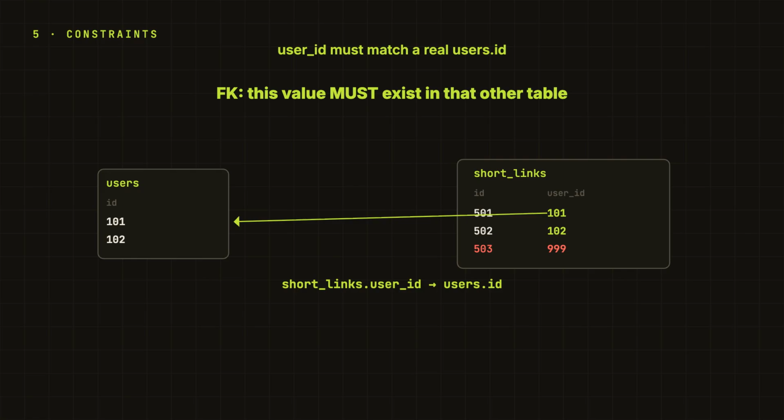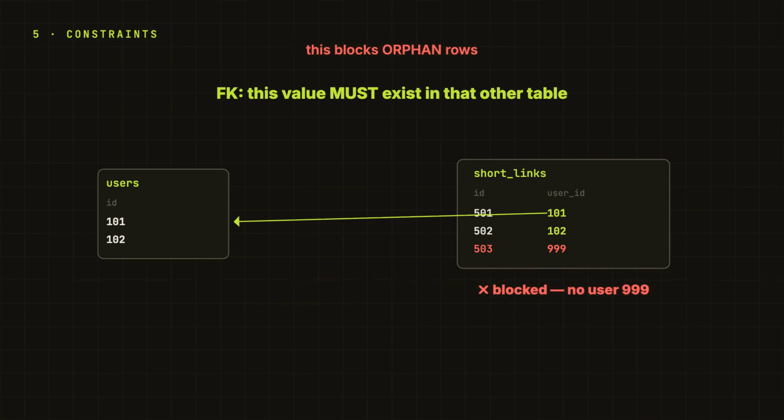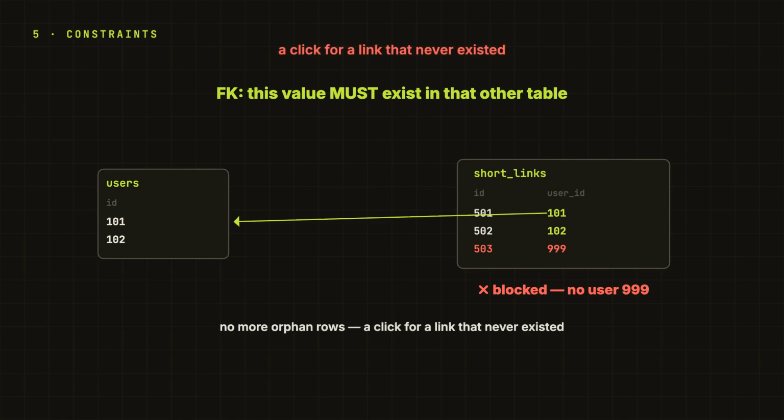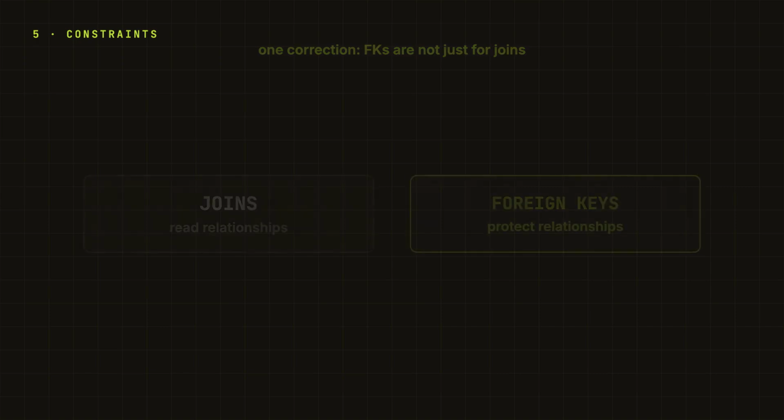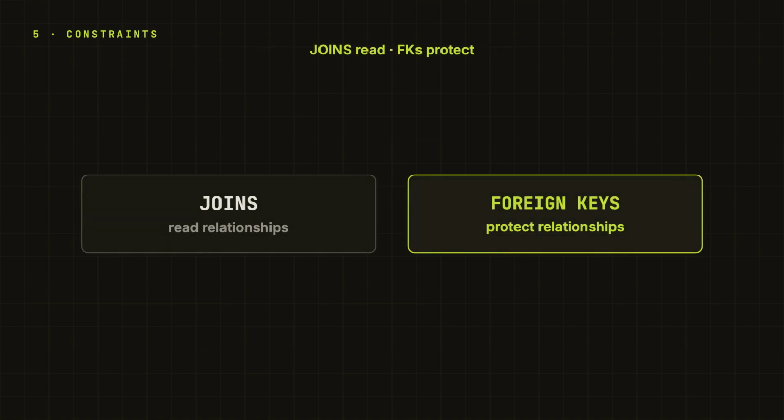So short_links.user_id must match some users.id. Click_events.short_link_id must match some short_links.id. This prevents orphan rows, like a click event for a link that does not exist, or a short link owned by a user that was never created. And one important correction: foreign keys are not just for joins. Joins read relationships, foreign keys protect relationships. Different jobs.